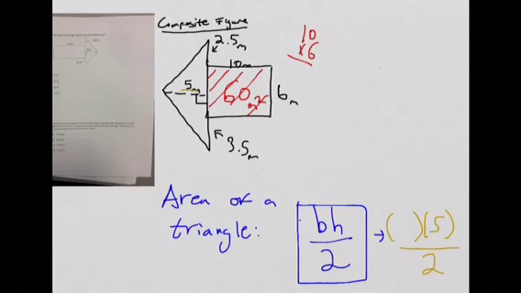Now the base is going to be this plus this plus this here, all 3 of those. So we have the base is going to be 2.5. Actually, I'll write this down.